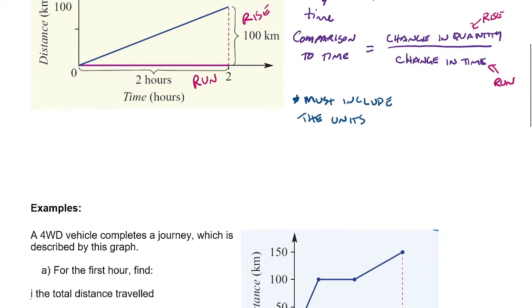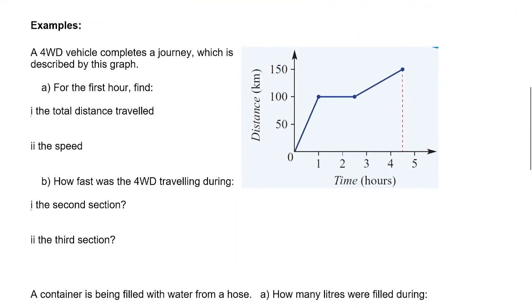Here's our first example. We've got a four-wheel drive vehicle completing a journey which is described by the graph shown. For the first hour, find the total distance traveled. So here's our first hour. Let's just highlight that first hour.